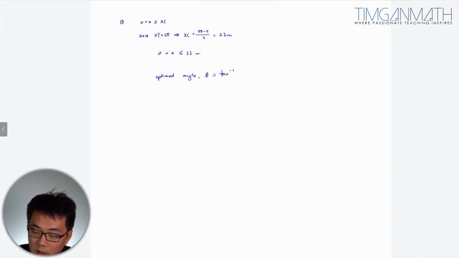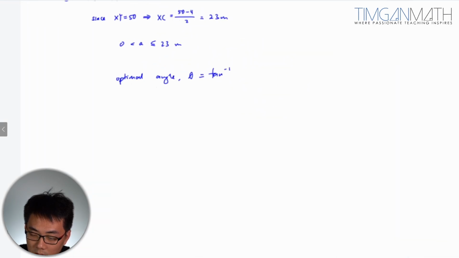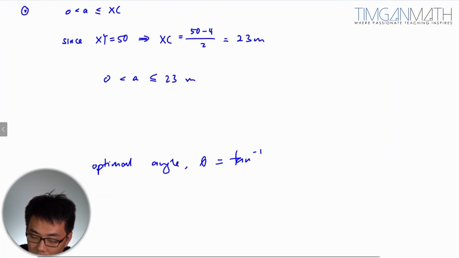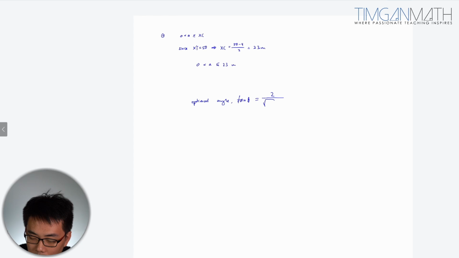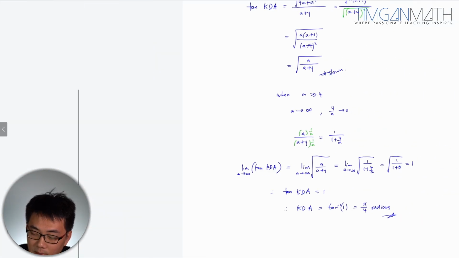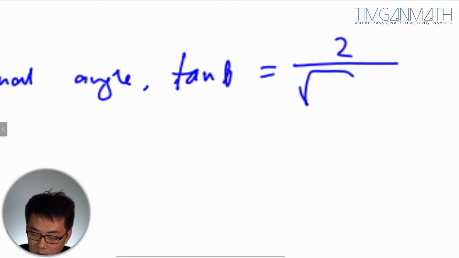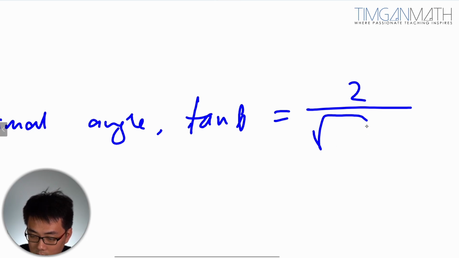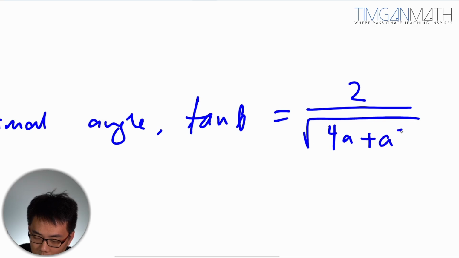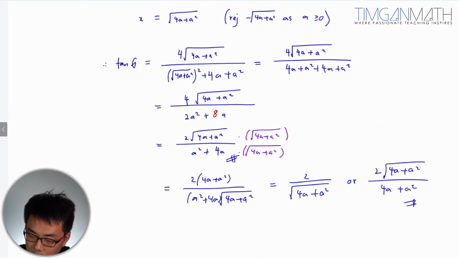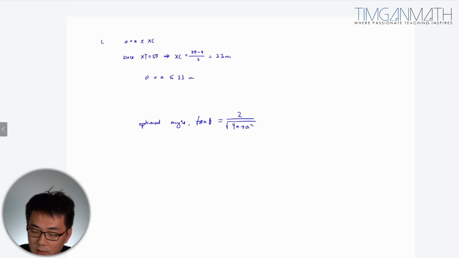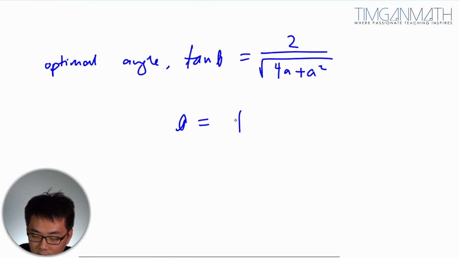Let me write this down: tangent of the optimal angle, tangent theta, is equal to 2 over the square root of 4a plus a squared. Okay, let me check. Okay, this is it. So in other words, the optimal angle theta is tangent inverse of 2 over the square root of 4a plus a squared.